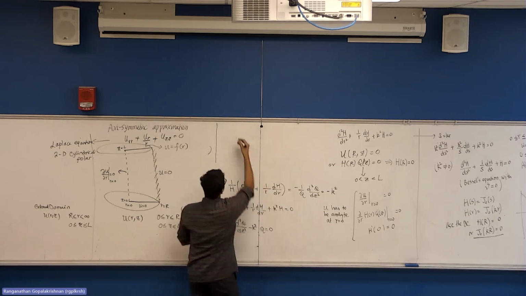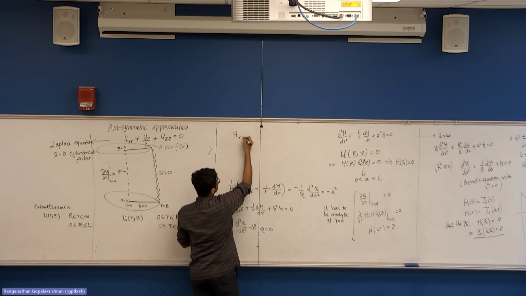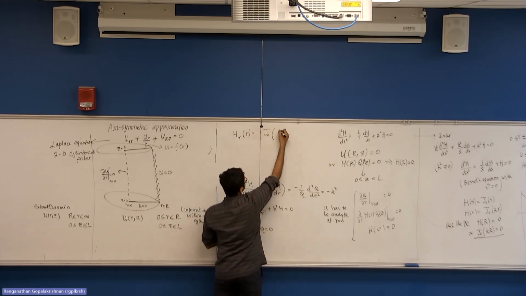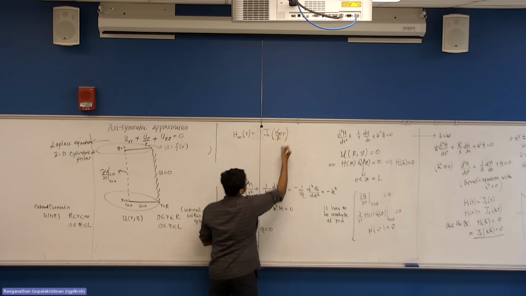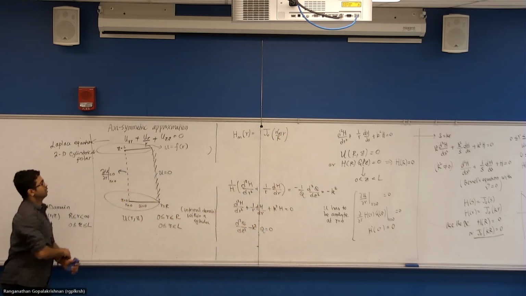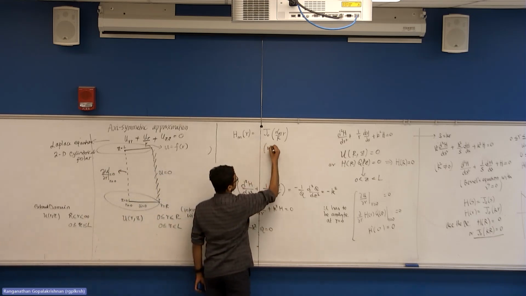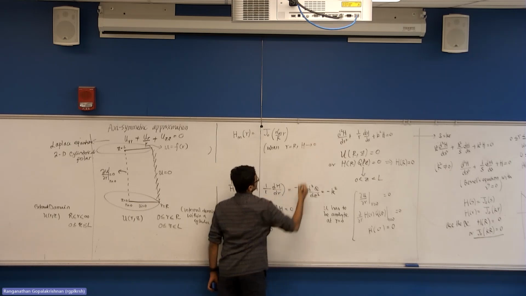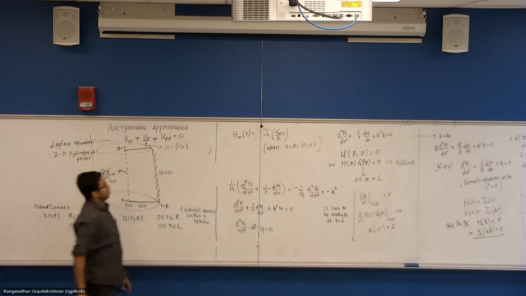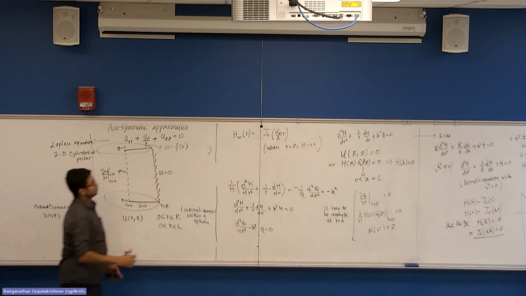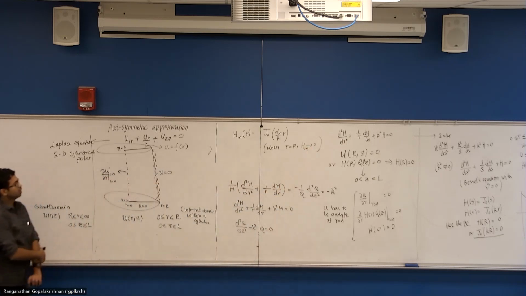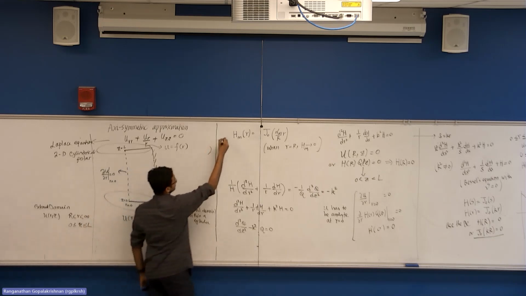So we have h, which now depends on an integer m, of r, equal to J naught of alpha m over R multiplied by r. When r equals R, h_m should go to 0. So this is one piece of the puzzle like we saw last time.